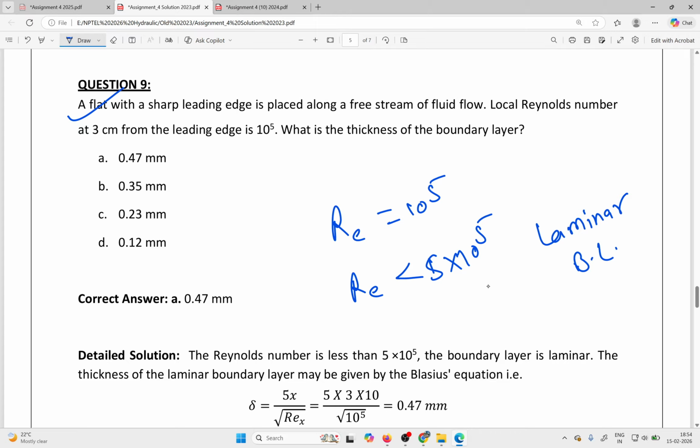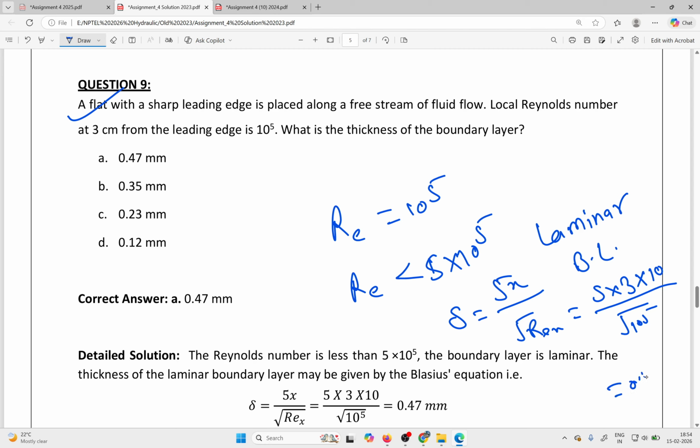So it is laminar. In the laminar boundary layer, your delta is 5x divided by root Re. So here 5 into 3, and you need the answer in mm, so multiply with 10 to the power 3 divided by 10 to the power 5. After calculation you will get 0.47 mm.